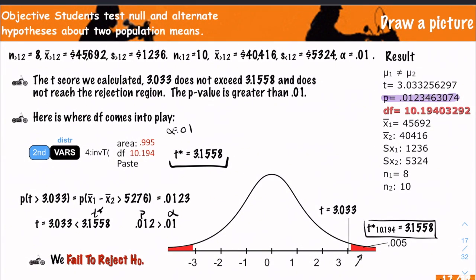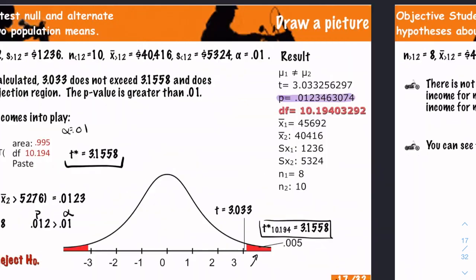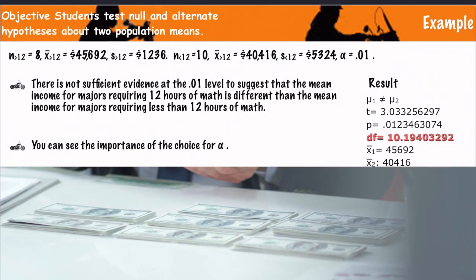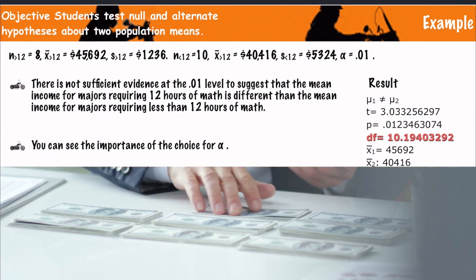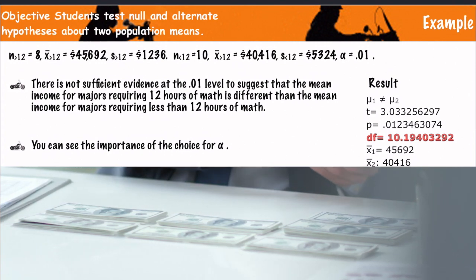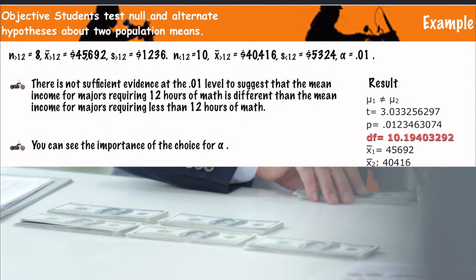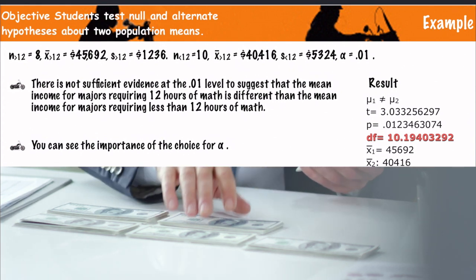Looking at all of this, because our p-value is greater than our significance level, we fail to reject the null. There is not sufficient evidence at the 0.01 level to suggest that the mean income for majors requiring 12 hours of math is different than the mean income for majors requiring less than 12 hours of math.